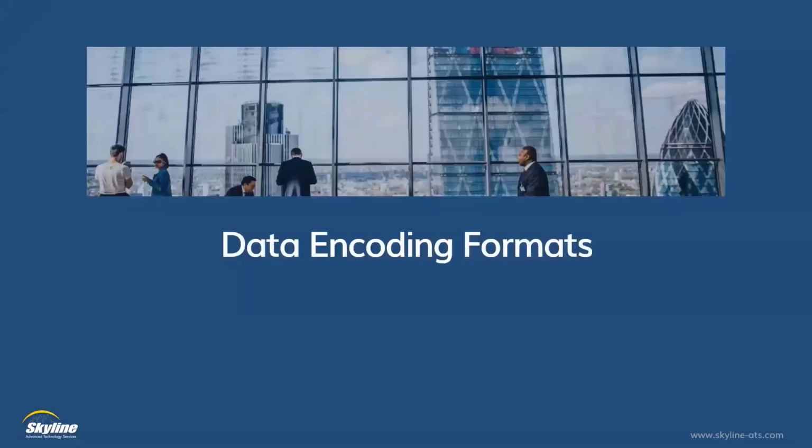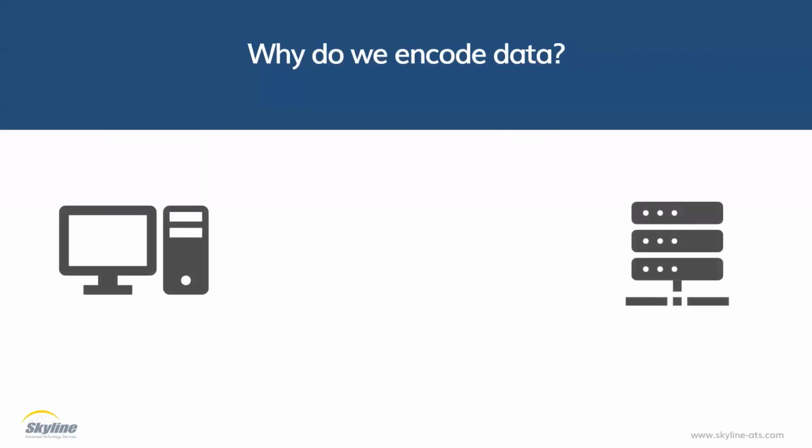One of the things you will need to know as you get into automating your network with programmability is what's known as data encoding formats. Now, why do we need to encode data?